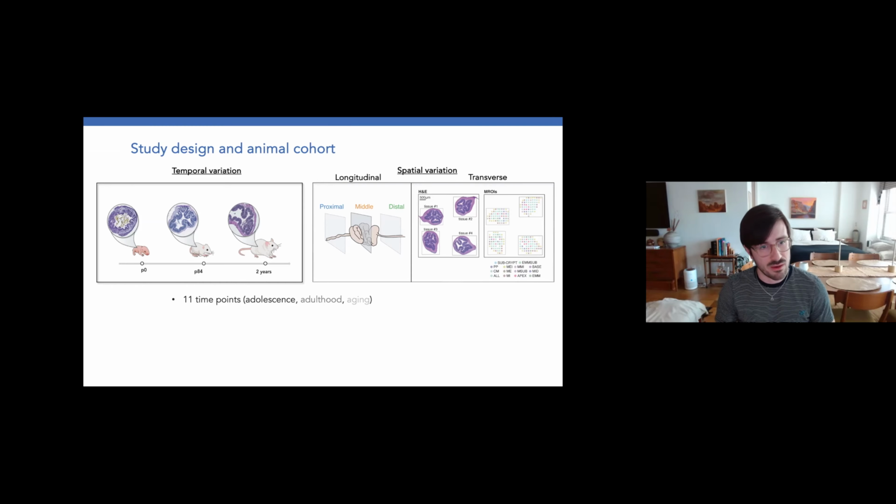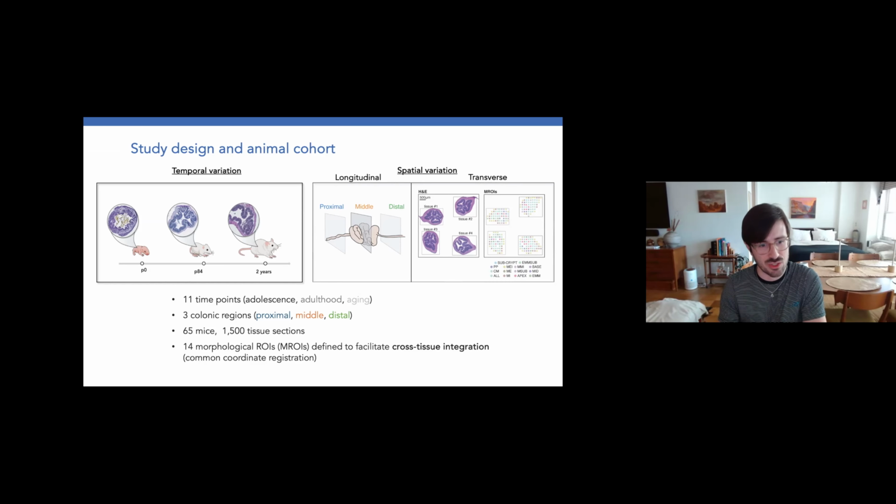So we had 11 total time points going all the way from birth through aging in the 2-year window. We had the 3 colon regions, a total of 65 mice and about 1,500 tissue sections.